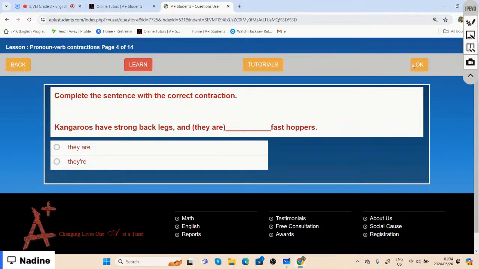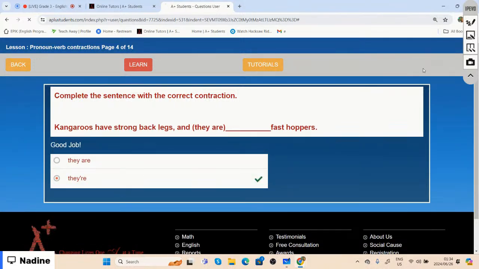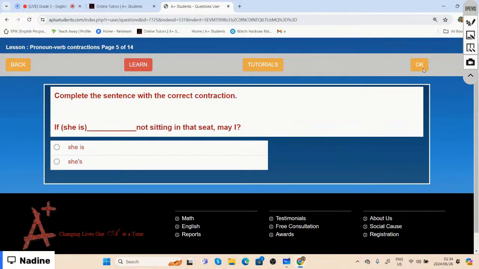All right, if we were to choose the correct option, then yes, we would choose option two, because that is the contraction that is shortened for they are. So they're fast hoppers. All right, let's choose the next one and then we go on to verbs.